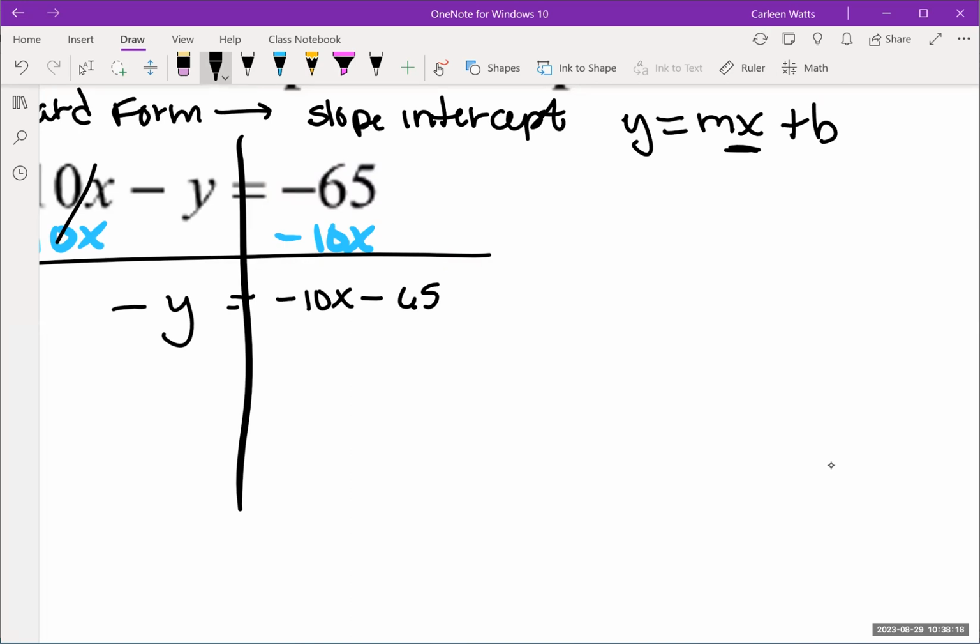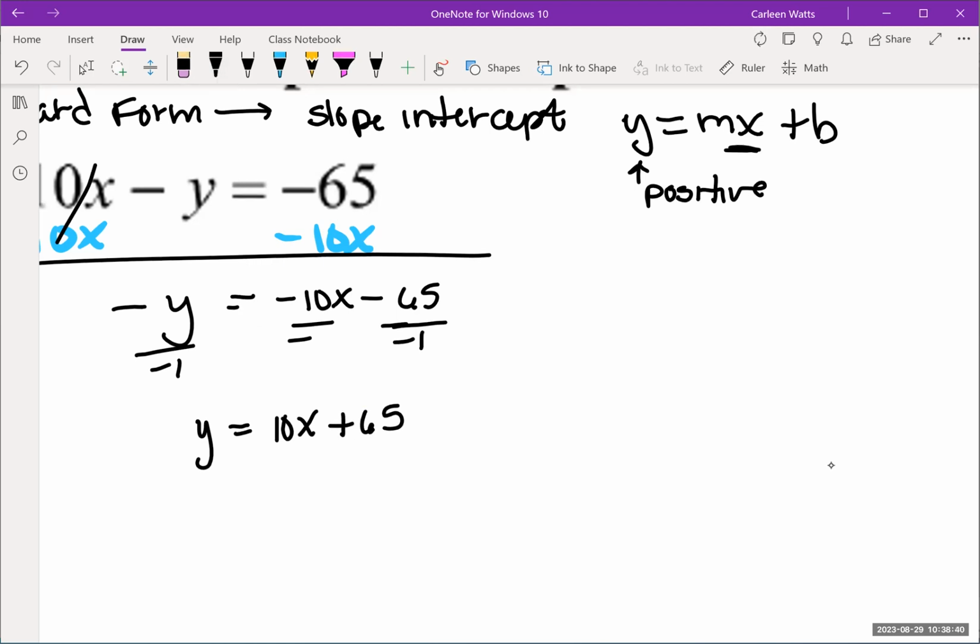Okay, now in slope intercept form, I want my y to be positive. So I'm going to divide everything all the way across by negative 1. So slope intercept form.